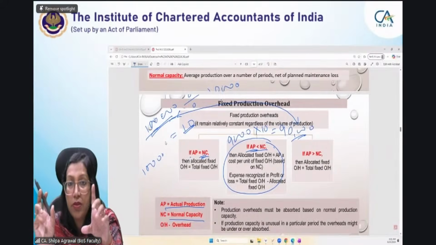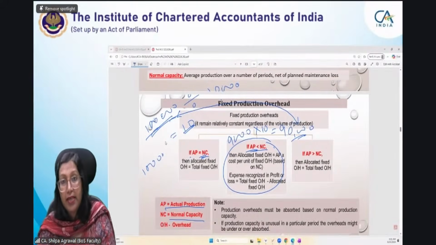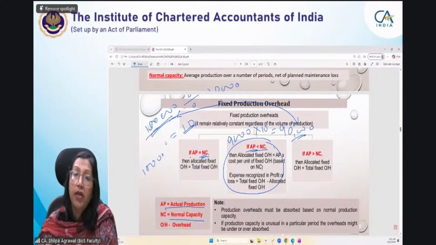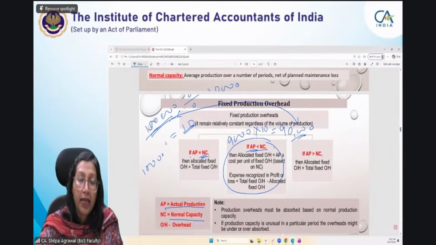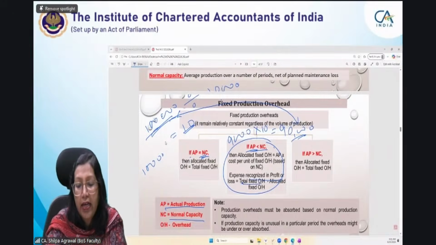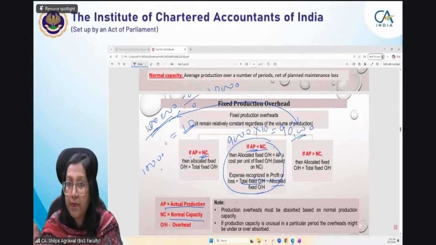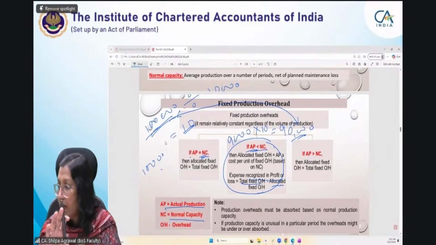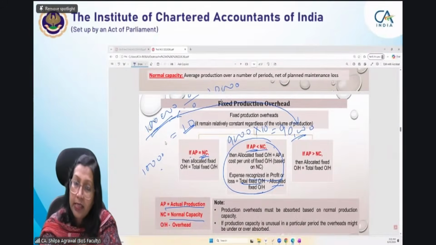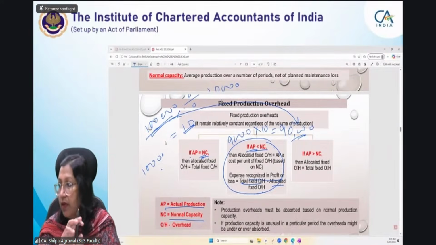So the 10,000 shortfall also has to be recognized, because we have incurred the expense. We do not take it into cost of inventory, we take it directly to P&L. So total fixed overhead less allocated fixed overhead, that is 1 lakh minus 90,000, that is 10,000, will be expensed, recognized in P&L as an expenditure. Okay, not capitalized but expensed in P&L.